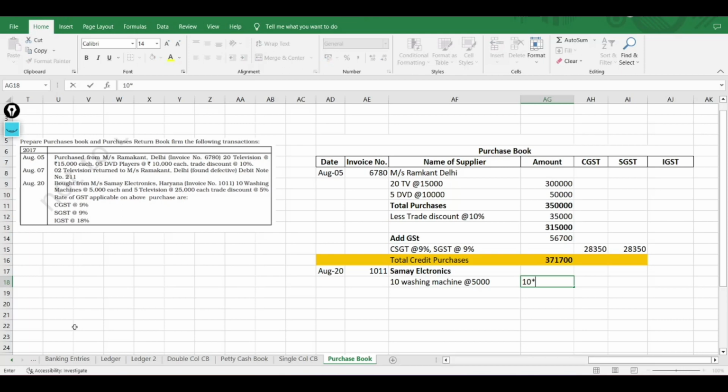So 10 into 5,000, our total is 50,000 rupees. Correct. Next we have purchased 5 televisions at 25,000 each. So 5 into 25,000 is 1,25,000.